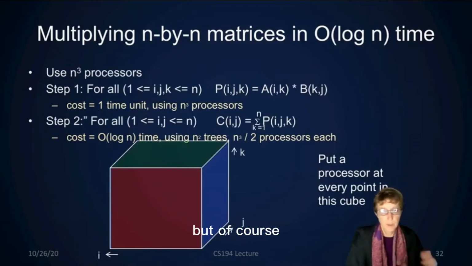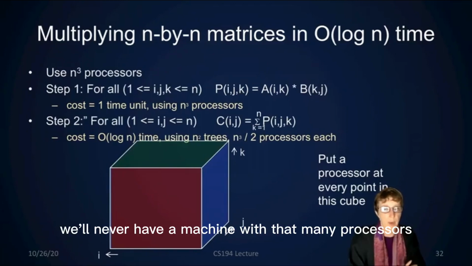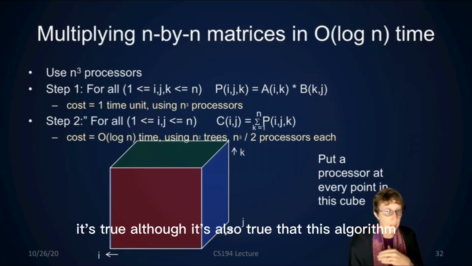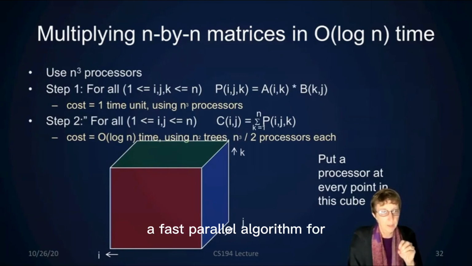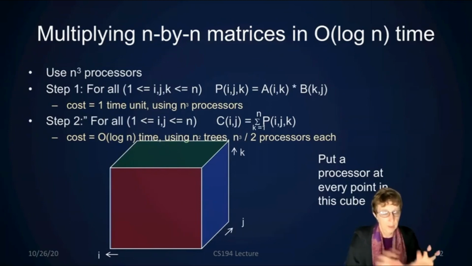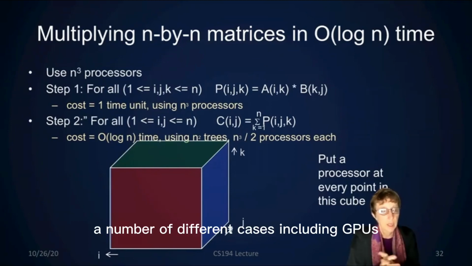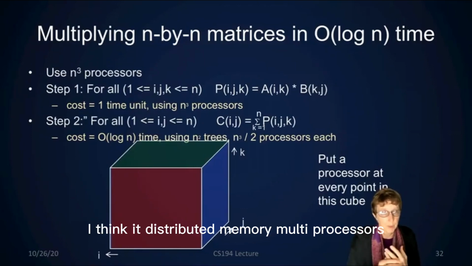Now you may say, but of course we'll never have a machine with that many processors. It's true, although it's also true that this algorithm leads to a fast parallel algorithm for a number of different cases, including GPUs, I think, and distributed memory multiprocessors.